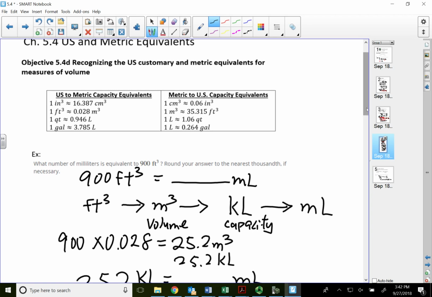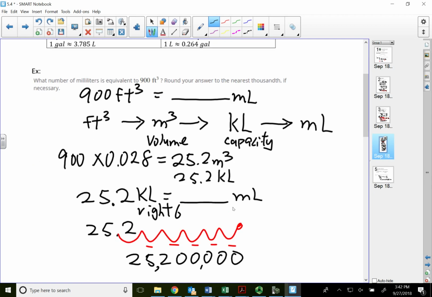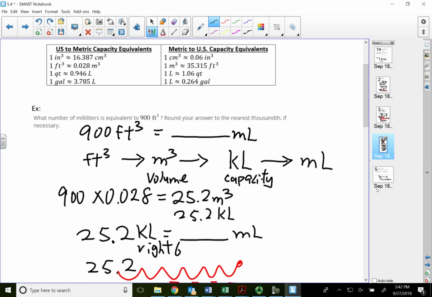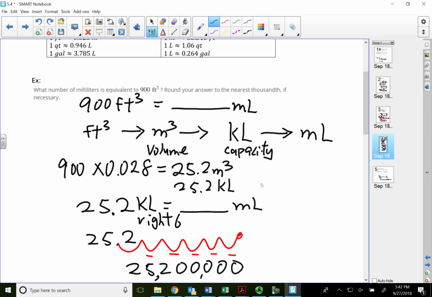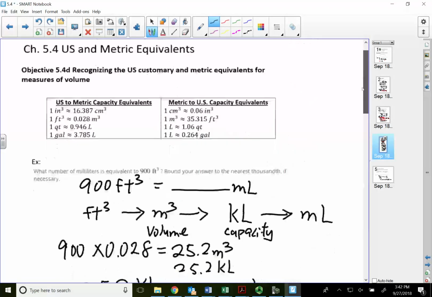So a lot of times, some of these problems we do have to think about a little bit in order to convert. The one we spent a lot of time on is very much just like this one, except this one goes to liter, and this first one goes to milliliter.